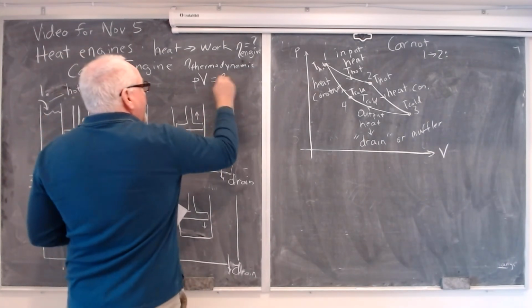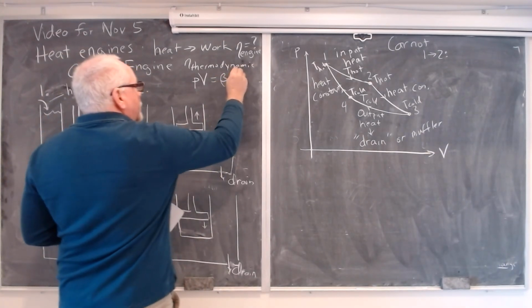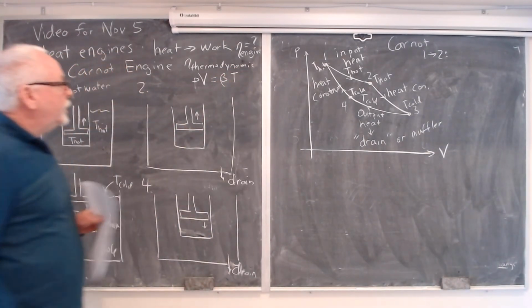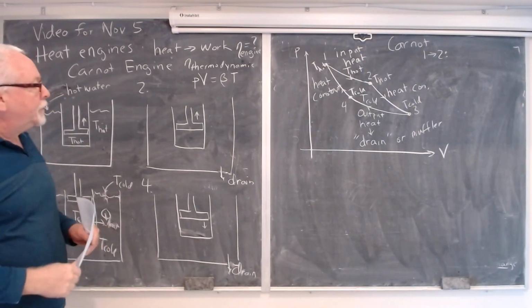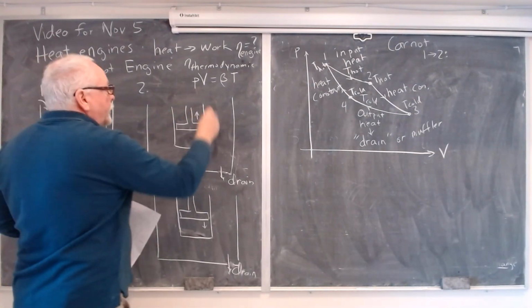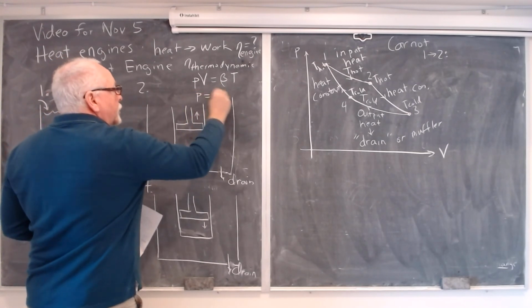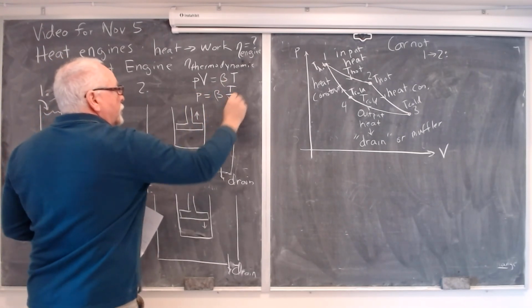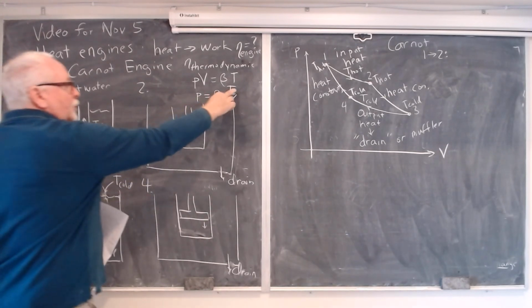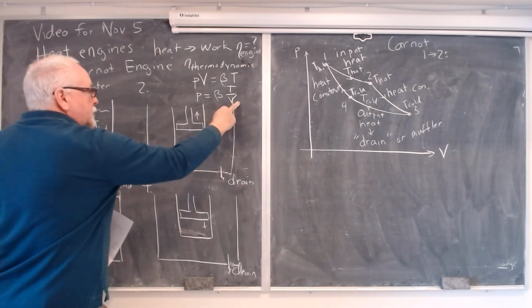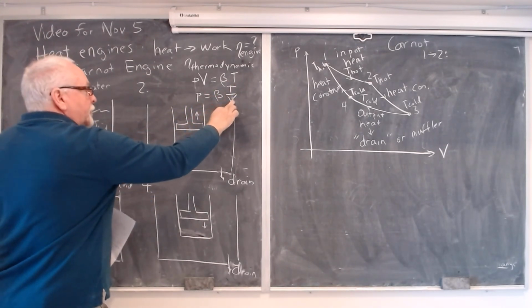I'm just going to put beta T there. So we went through this last time that pressure is proportional to temperature, and proportional to 1 over volume. We started the course with that.